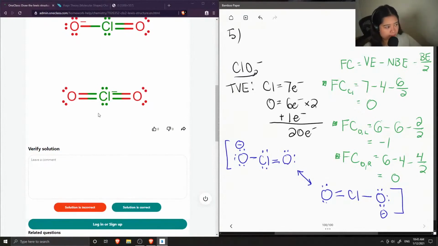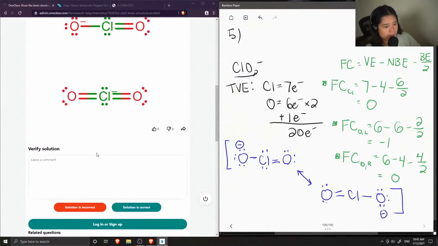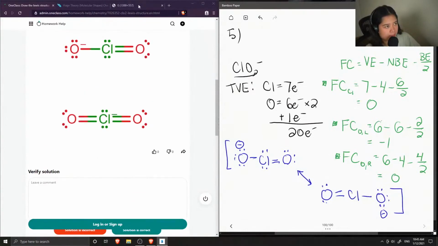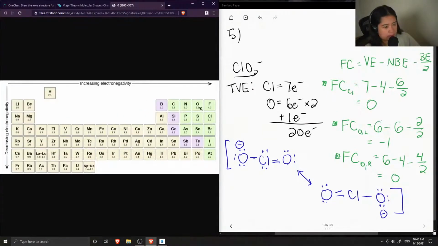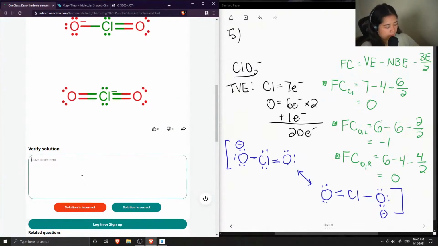Okay, so the last one is unlikely to occur, since oxygen is a little more electronegative than the chlorine, oxygen is most likely to have the negative charge. But I'll still say that this solution is correct.